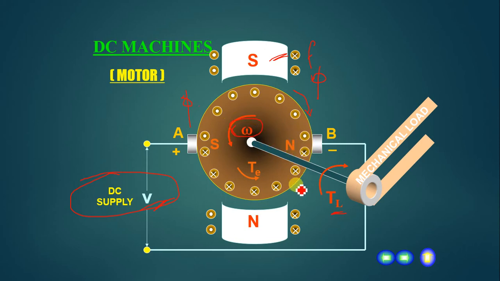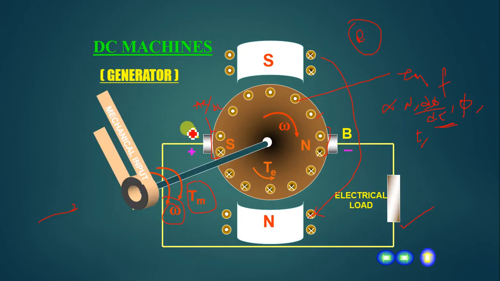This continuous rotation is possible if and only if there are continuous magnetic lines of force. So you have to excite the field coils. Here you excite the field coils, but you get the output from the armature coils; you need not excite the armature coils. Armature coils are the rotating part, and field coils are the fixed part.